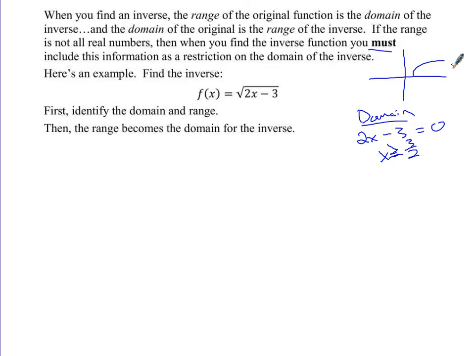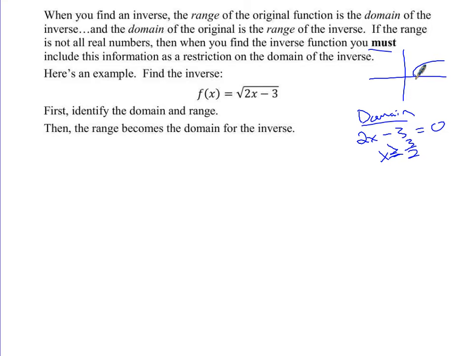How would I know the x coordinate right there? What is the x coordinate right there? It's 3 halves. How do I know it's 3 halves? Because we just found it, yeah. This is where the graph starts.